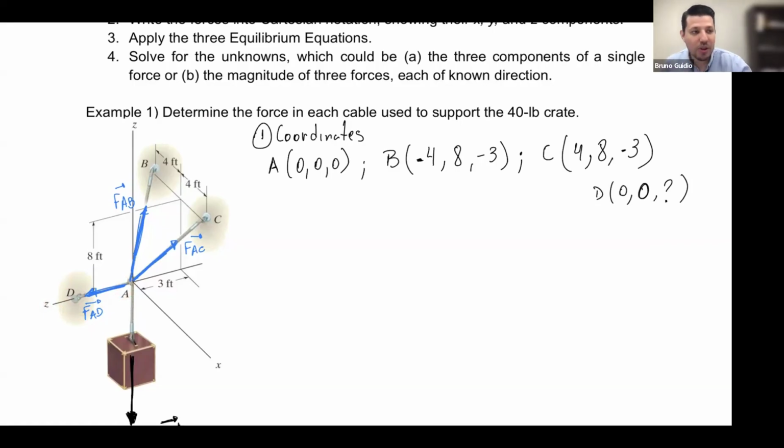For this problem, it's totally fine. Why? Because take a look at where this FAD is. FAD is totally on the Z direction, meaning it only has a Z component. So we don't need a point to define the direction of FAD. We already know the direction of FAD.